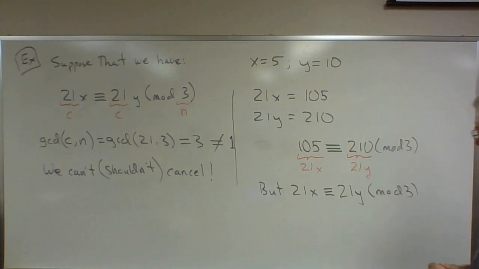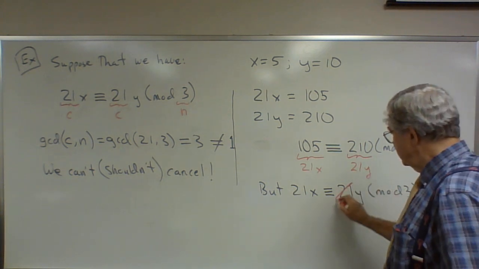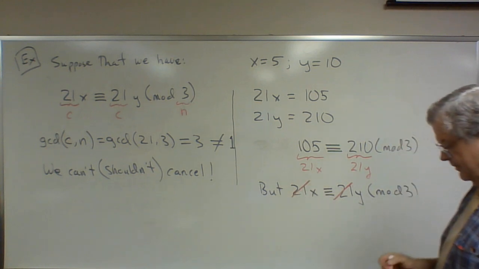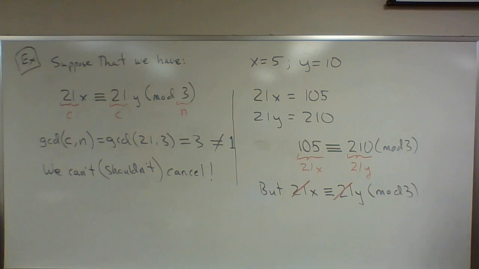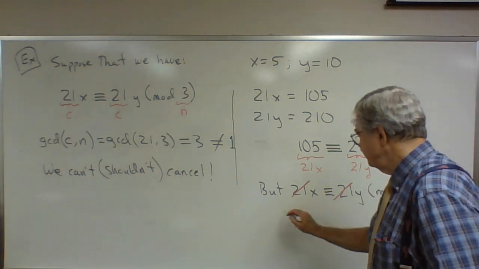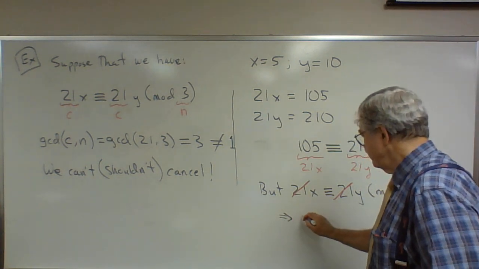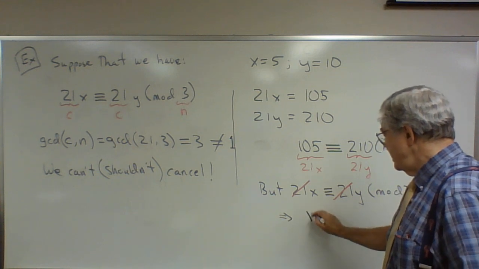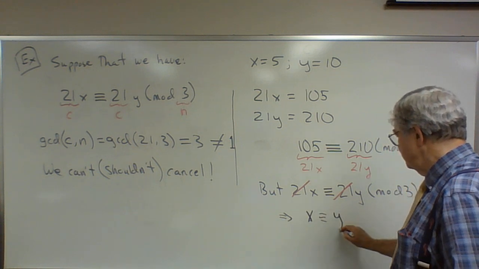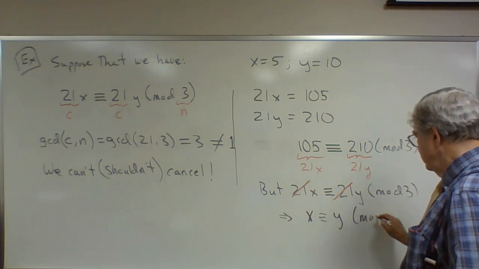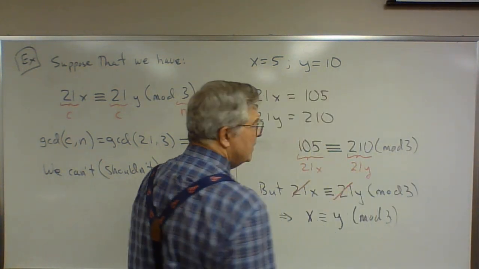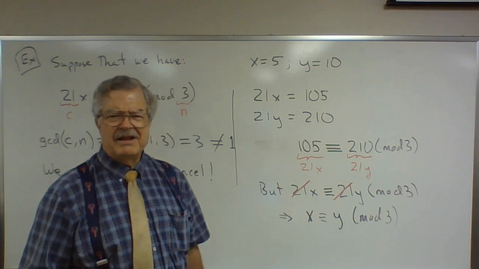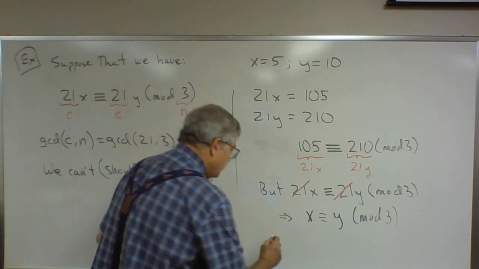What happens if we cancel the 21s? If we cancel the 21s, we get that x is congruent to y mod 3. Is that true? Let's see.